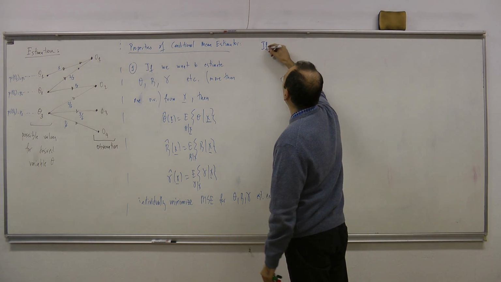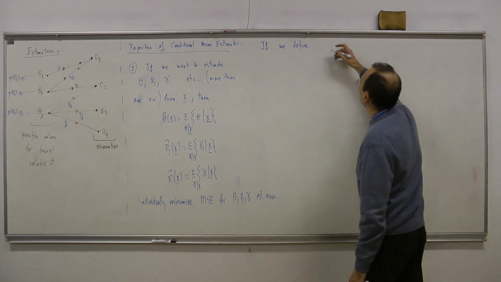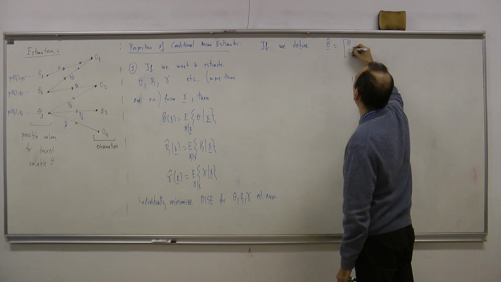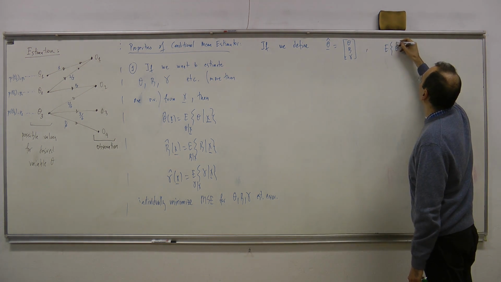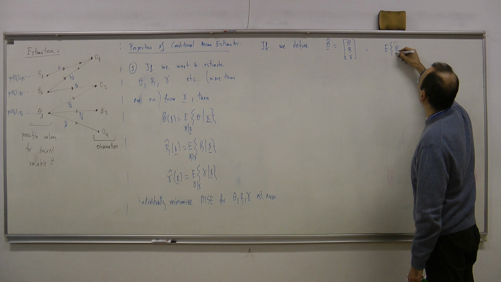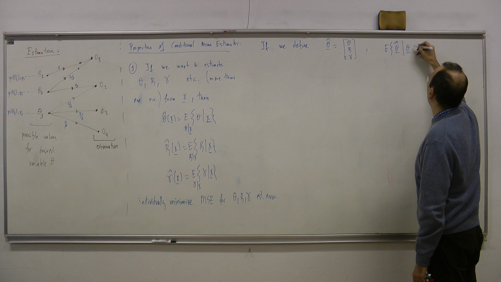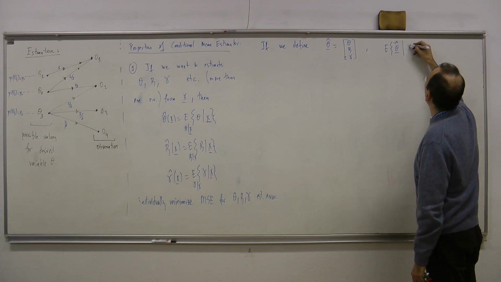So if we define, with some abuse of notation, a theta vector (theta, beta, gamma), then the expected value of theta vector given observation x.